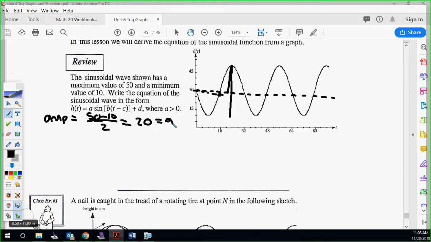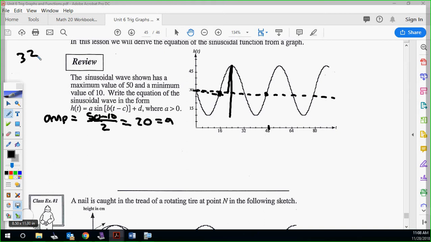Okay. Next thing I have to figure out is the period. So when does it repeat? This is, again, what we were talking about earlier to start class. This one starts at 16 and then goes all the way to 48. So it looks like the period is 32. So how can I write that in terms of my b? Because remember, it's in relation to 2 pi.